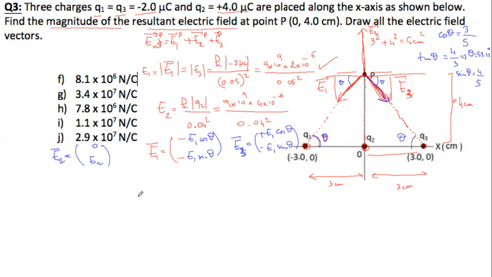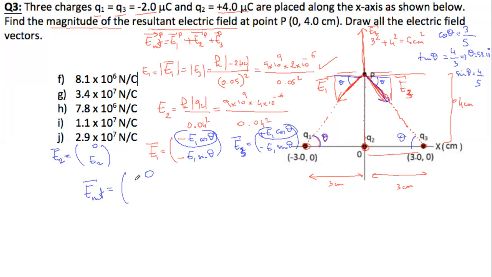Let me add all these vectors. E net will have a component along X, which is this plus this, which is 0. You see, they cancel. These are the X components, they cancel, plus 0. So it's 0 along X, as we said at the beginning, because of the symmetry of the problem. When you look at the symmetry of your problem, you can guess what will be the net electric field.